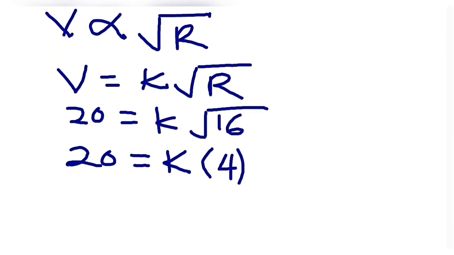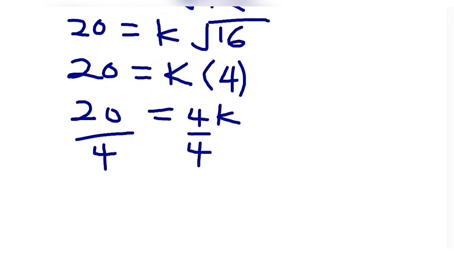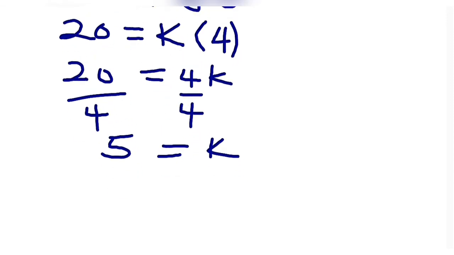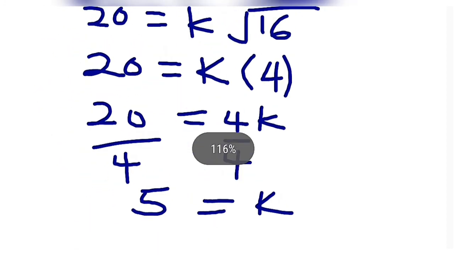And therefore we shall get 20 equals 4k, and when we divide both sides by 4, we get k equals 5.